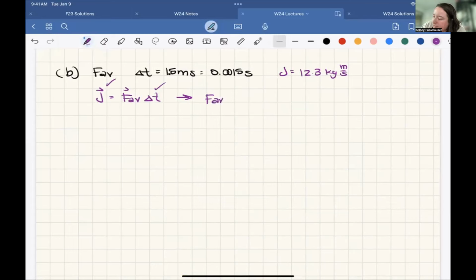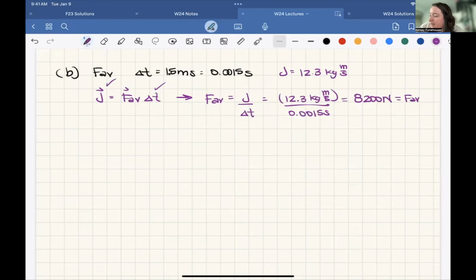Get that the average force is equal to the impulse divided by the time. So 12.3 kilogram meters per second divided by 0.0015 seconds. And this gives us 8,200 newtons for the average force applied in the collision.